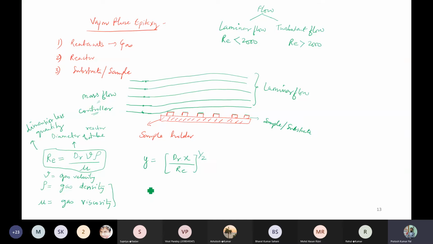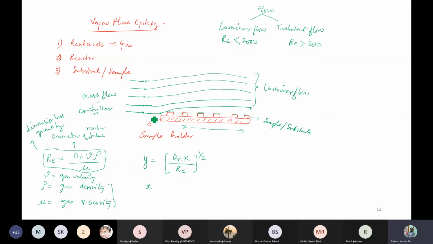Here x is the distance. As we flow from this point to this point, x is increasing. At the starting of this sample holder, the velocity of gas will be smaller than the velocity of gas at this location. That means as x increases, the velocity of gas increases.